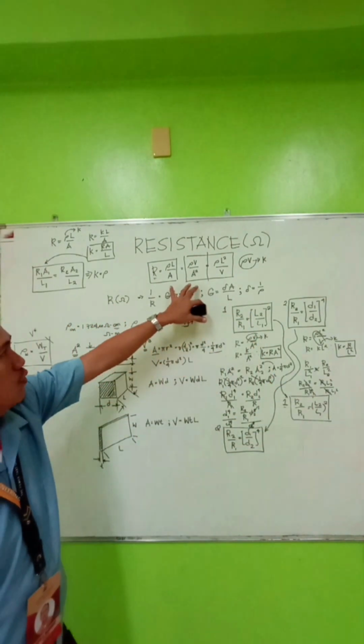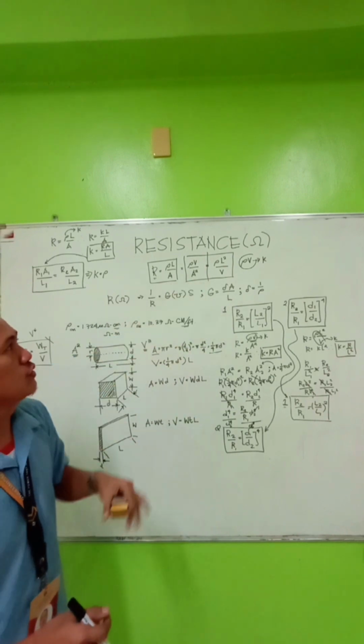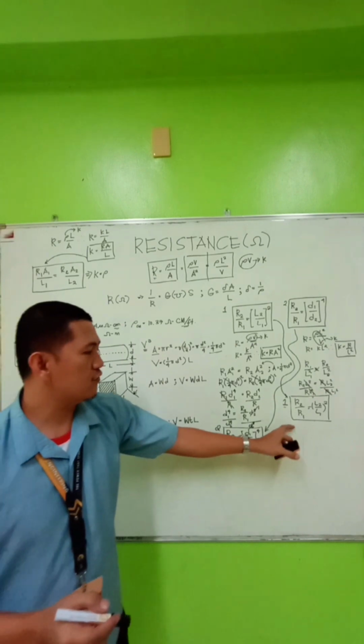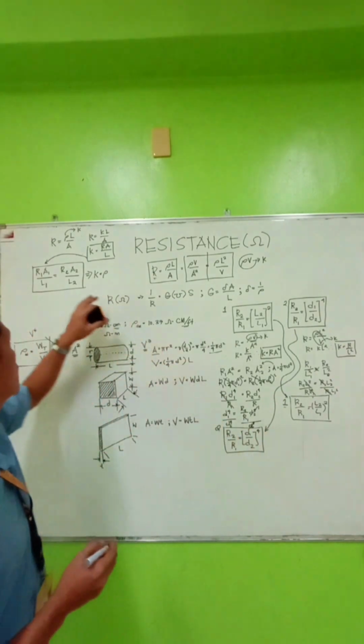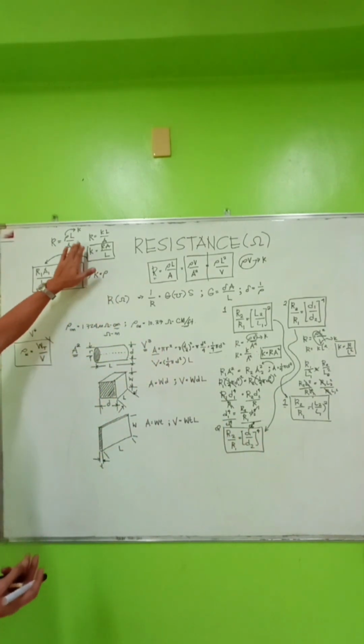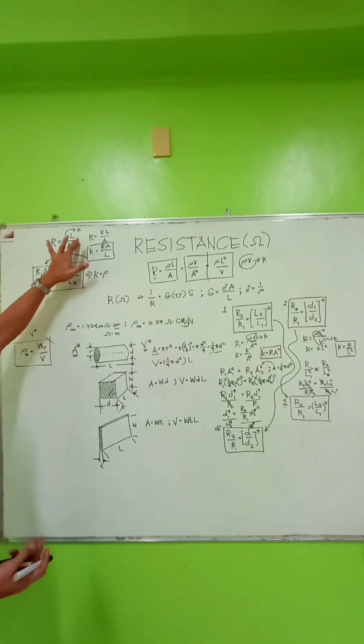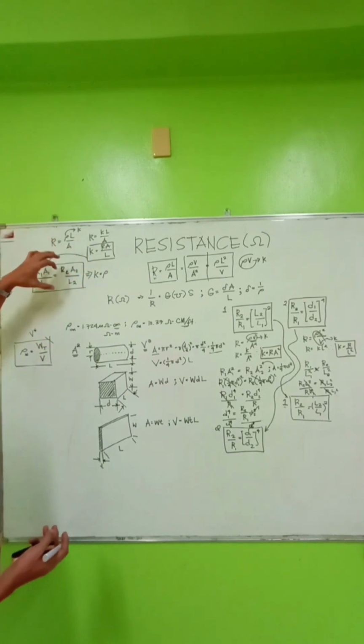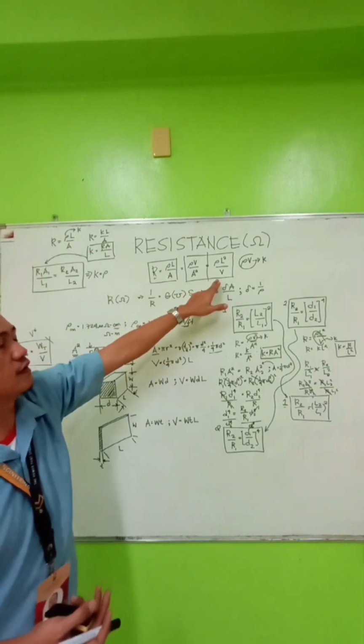So it means that you only need to remember these three formulas in order to have different useful conditions. If it is a constant resistivity only, you can deal with this formula. You can also do this process here.